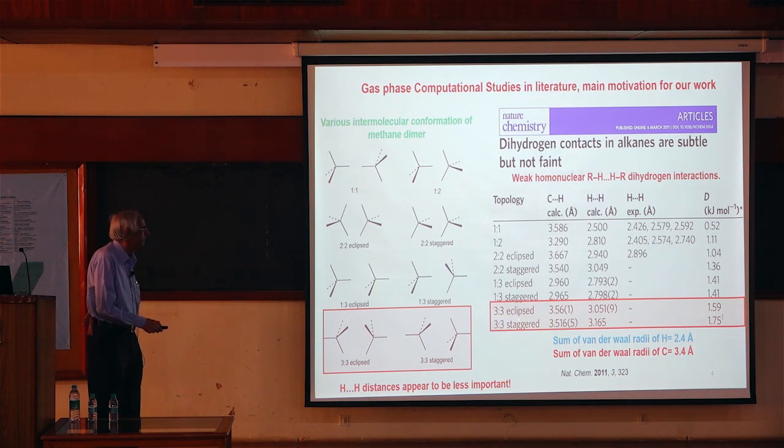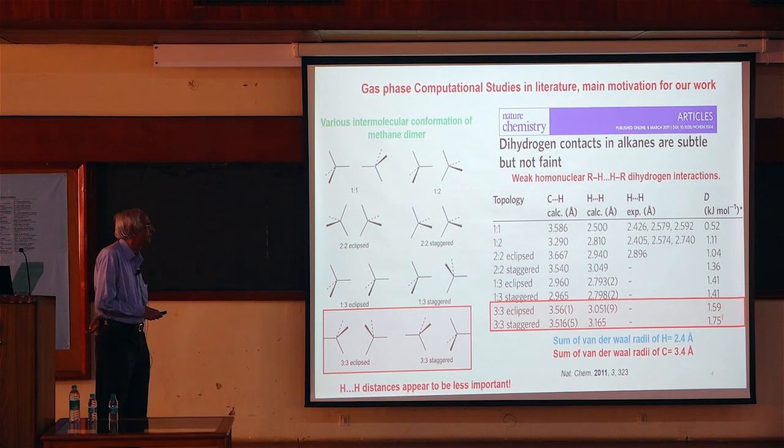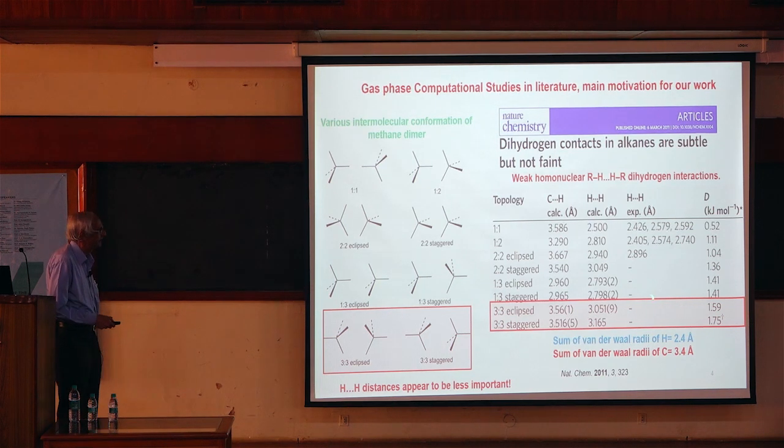So, essentially you see when you calculate these distances from theory and then they calculated the topology that is associated with this, some of the experimental values which could be generated are given here, but basically you see that the energy that comes out, the highest energy, is about 2 kilojoules per mole, fairly it is somewhat subtle but not really faint.